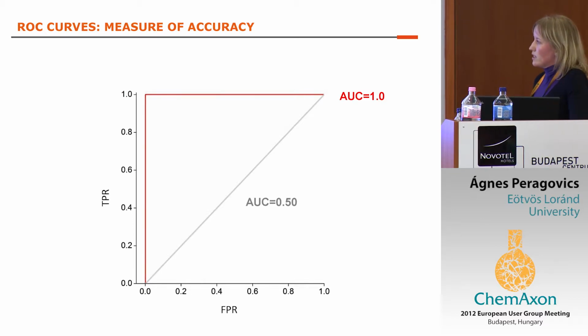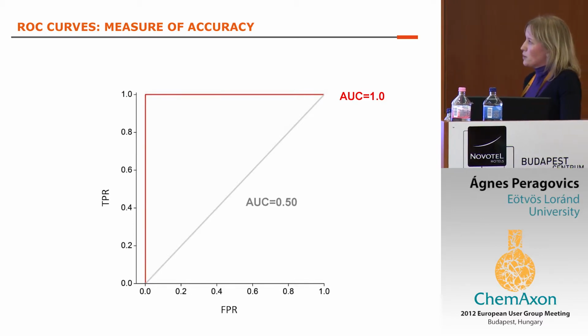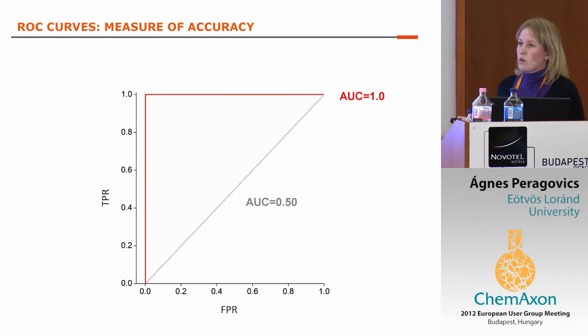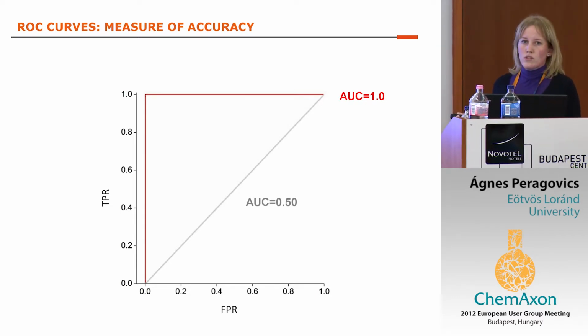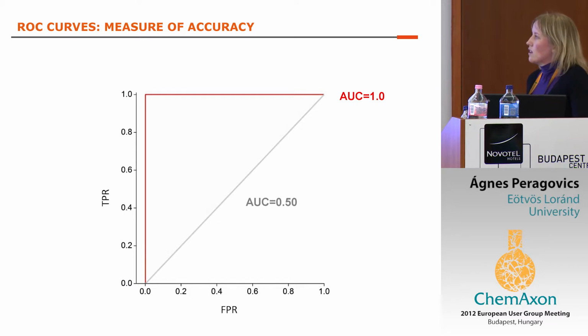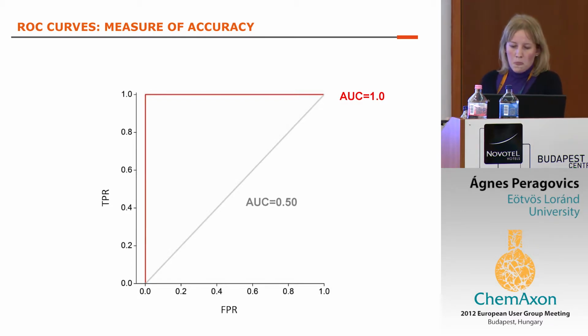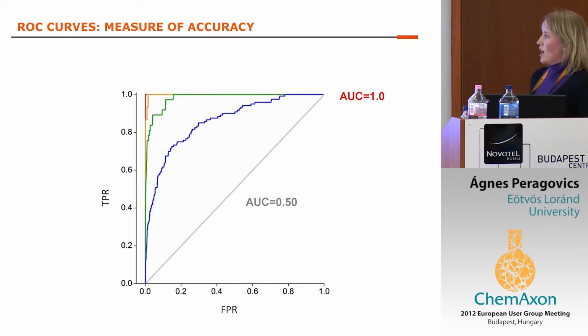And my other example, the gray line, is the so-called line of no discrimination, because here for every true positive also a false positive appears. And I'm showing some more ROC curves here, and these are real ROC curves we obtained by the drug profile matching method.